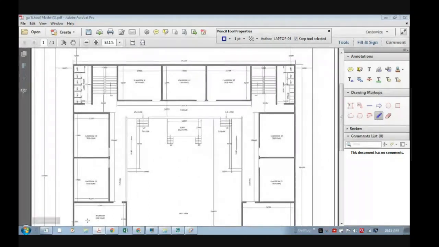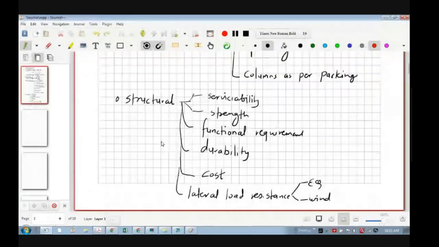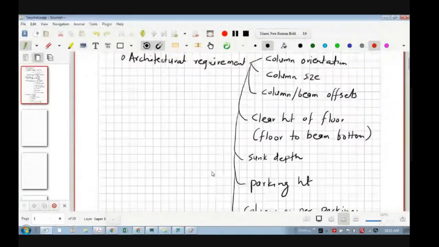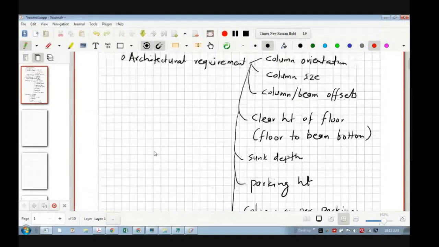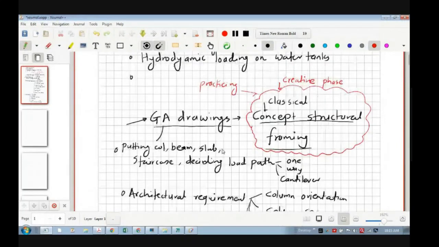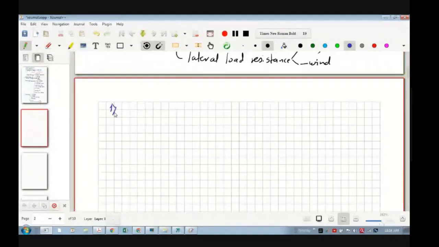Whenever we do any work, there are steps of working. These are the parameters we consider while structural planning: architectural parameters, structural parameters, and overall steps. So what we do first is study of the architectural drawings.